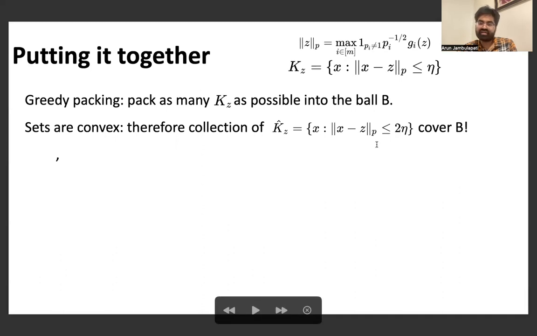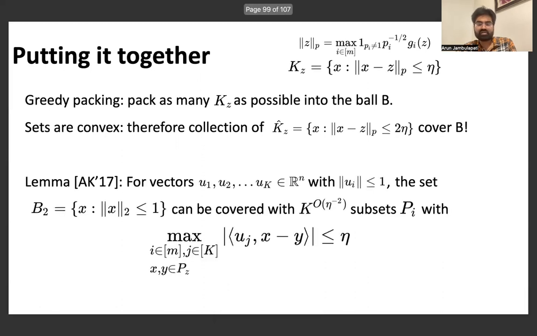And by the previous slide, we know that the p norm dominates the chaining distance. So these collections have chaining distance at radius at most 2 eta, which suffices for us. By choosing 1 point as a representative from every k sub z in this covering, we get a set which has small chaining distance to everything.